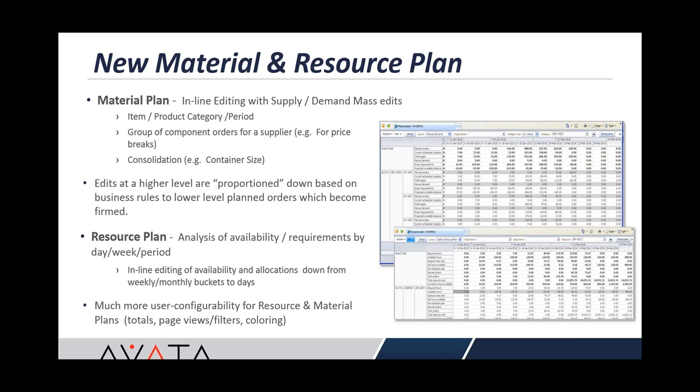Base functionality would just proportion it based on the planned orders that roll up to that, but there are some other options on how you can have that proportioning blow down to the individual items within that category.